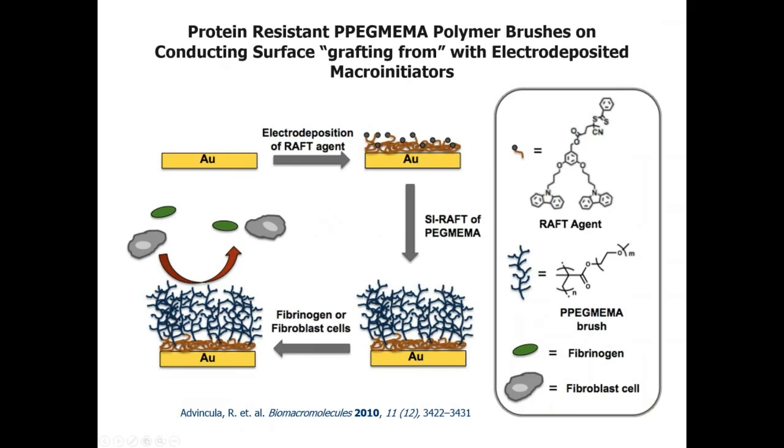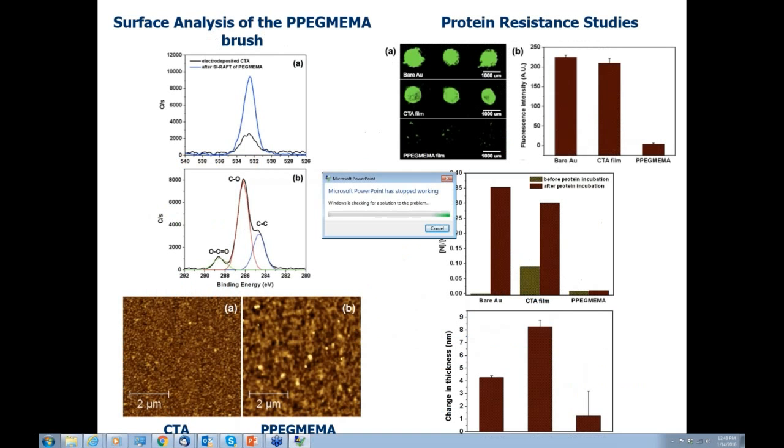We also developed this type of polymer which can be functionalized with a PEGylated brush component on the surface. The idea is to use the surfaces to reject proteins as well as cells, fibroblast cells. And indeed, again, we were successful in doing this.